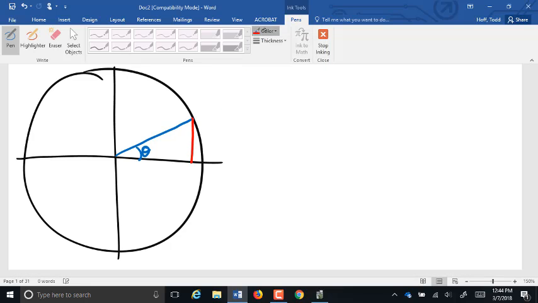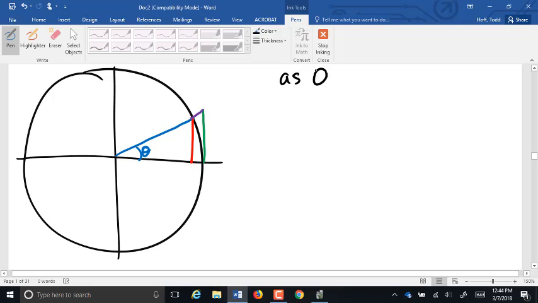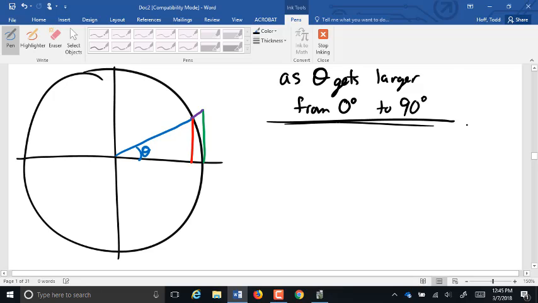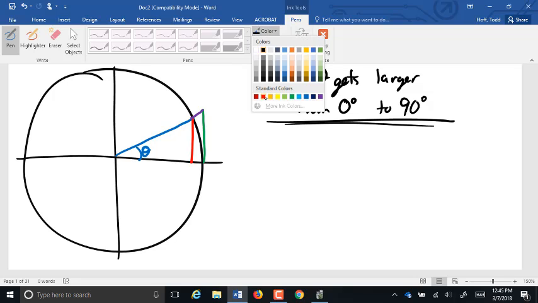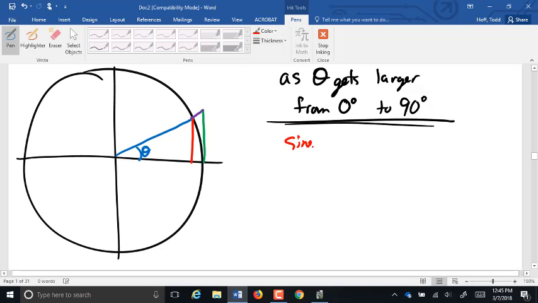This is the sine. This is the tangent. This is the secant. As our angle gets larger from 0 degrees to 90 degrees, what happens to the sine?